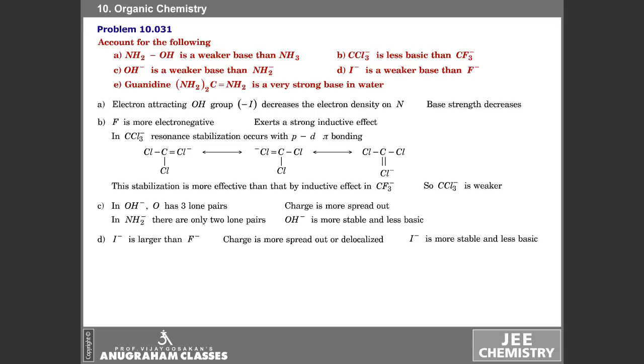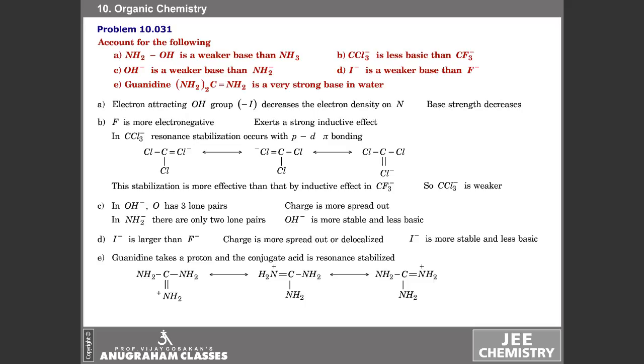This is because if we consider the conjugate acid, that is the protonated species of guanidine, we have 3 canonical structures where the charge can be effectively delocalized among the 3 nitrogen atoms. That is, the conjugate acid is very much stabilized and becomes very weak. If the conjugate acid is very weak, the base must be very strong, and hence guanidine is a very strong base.